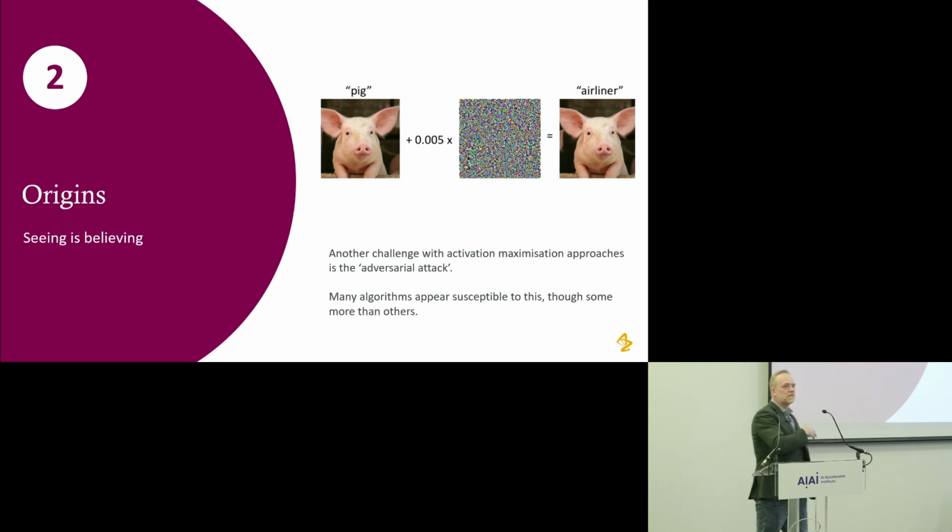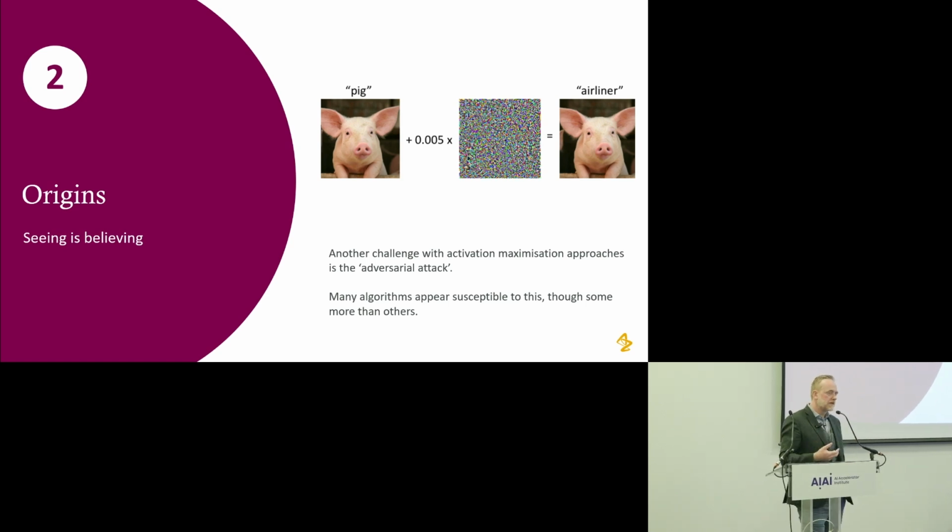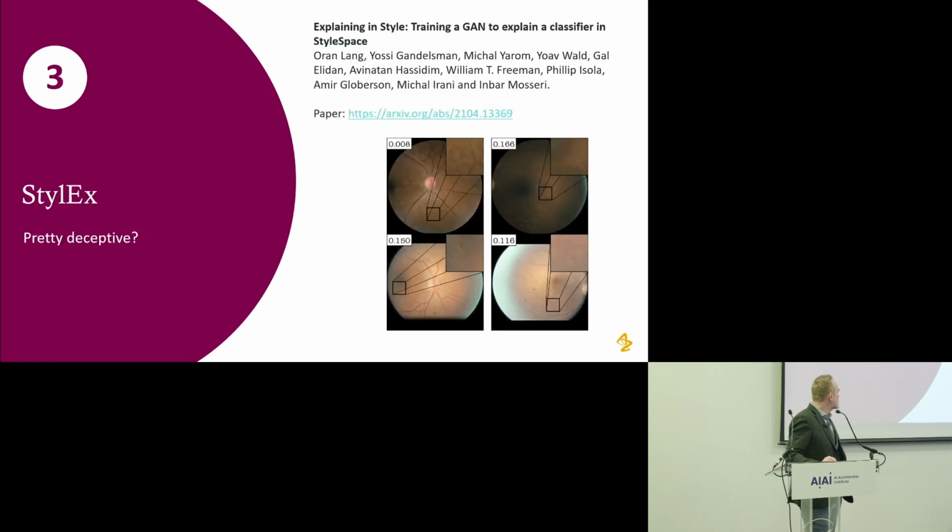This was seen as very concerning, that it meant AI was very fragile, that it wasn't robust. And it led to lots of very interesting work. Again, it's super cool, but it's not useful in terms of explaining what's going on in the network. It's more about how fragile the network is.